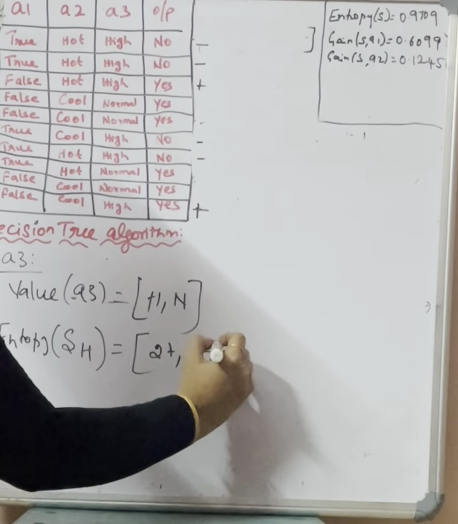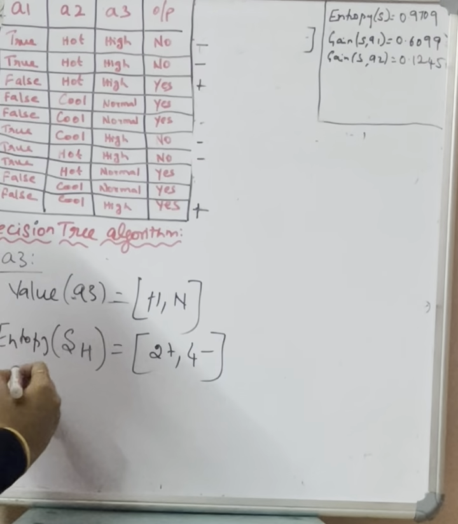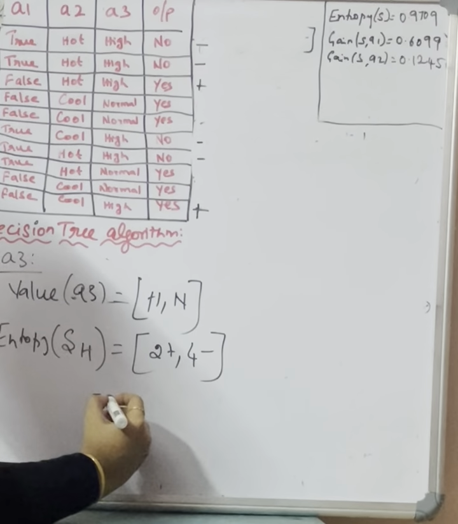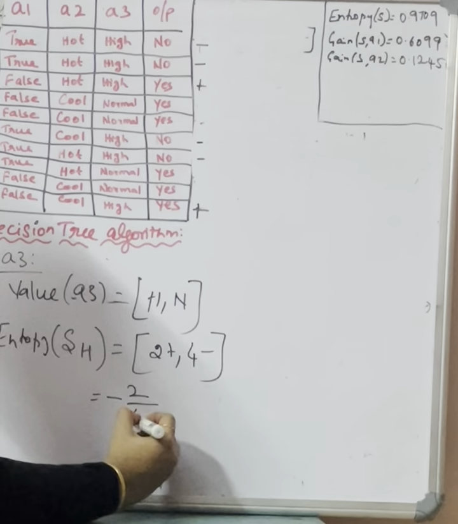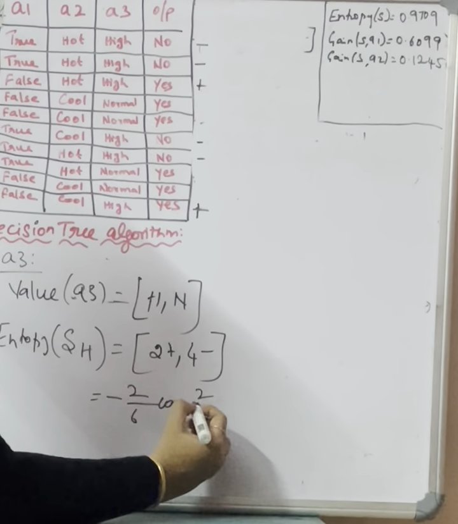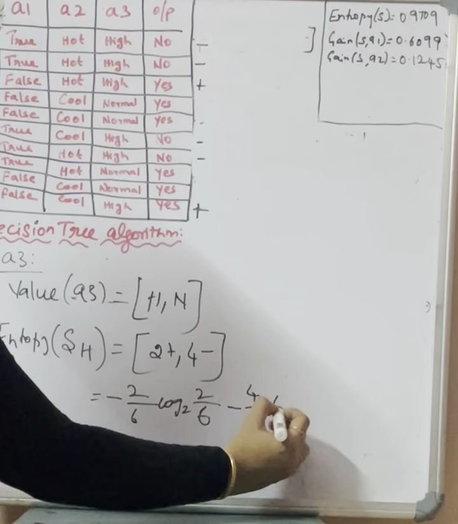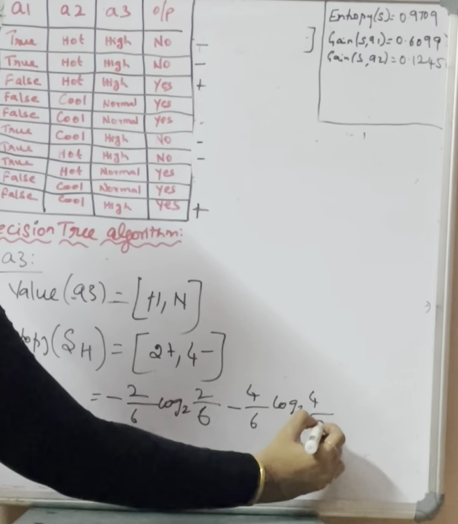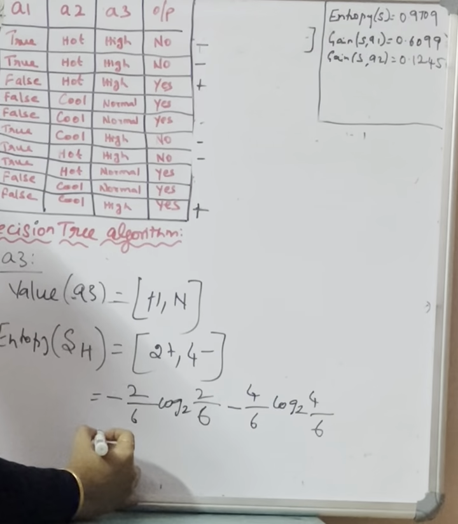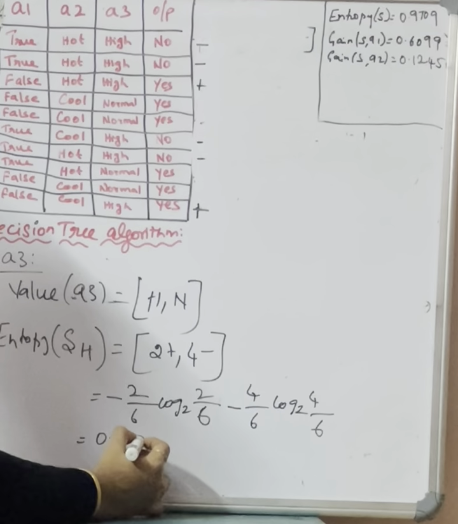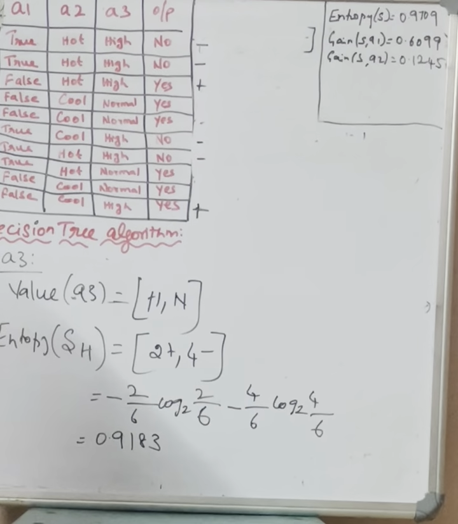We have 4 negative values. So let us find the entropy by applying it to the formula. Minus 2 out of 6 contributing positively, log base 2 divided by 6, minus 4 are negatively contributing, divided by 6, log base 2 divided by 6. So what will be the final outcome of this? 0.9183 is the final value.